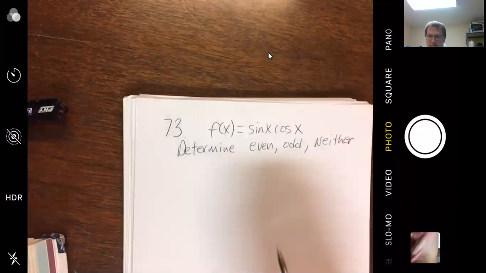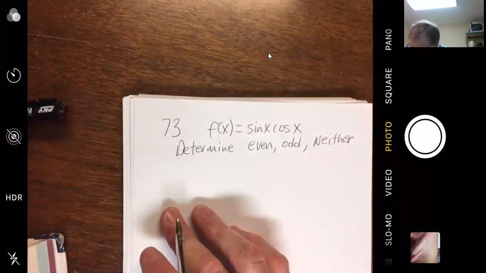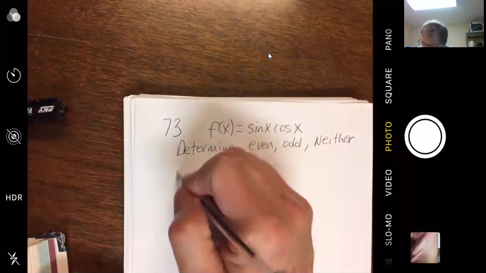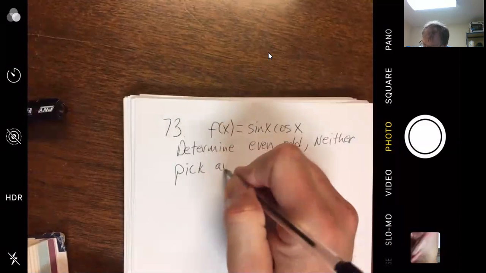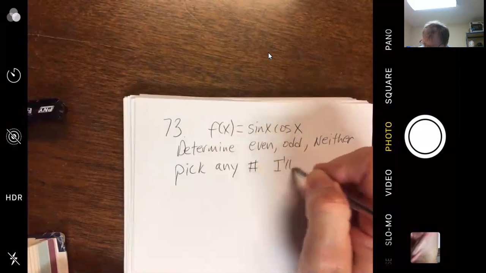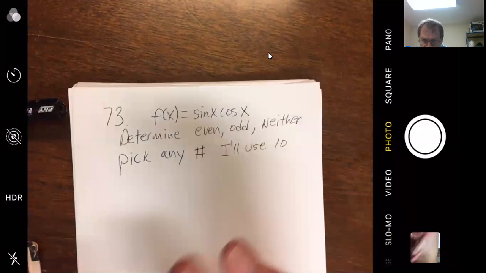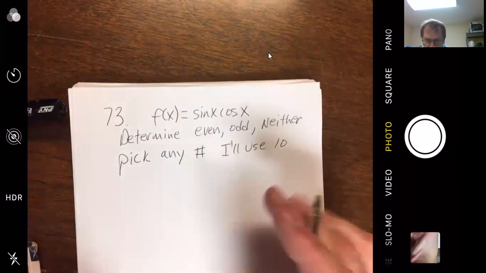And again, you can pick any number, degree mode, radian mode. The exact first number makes no difference. Pick any number. I'll use 10. The degree mode, radian mode, doesn't matter. It works for anything.